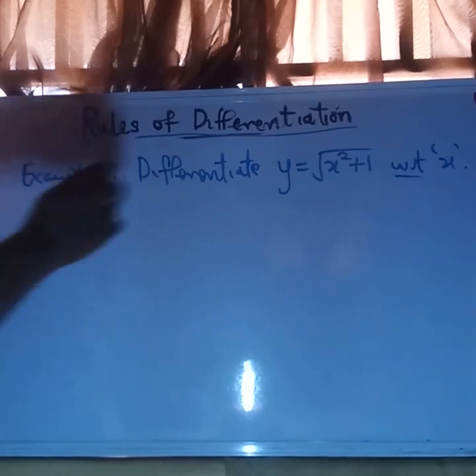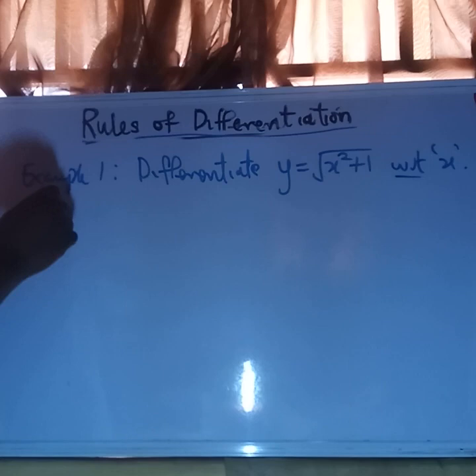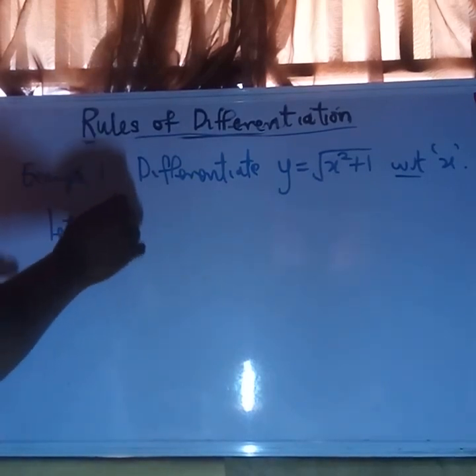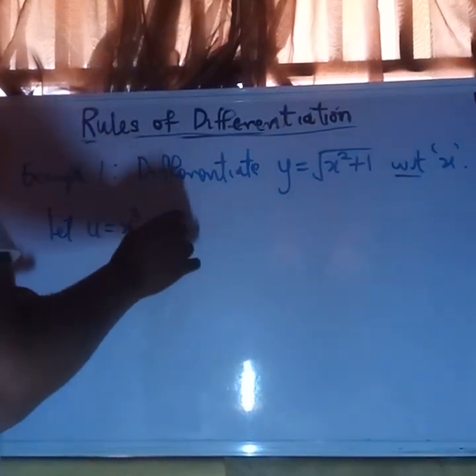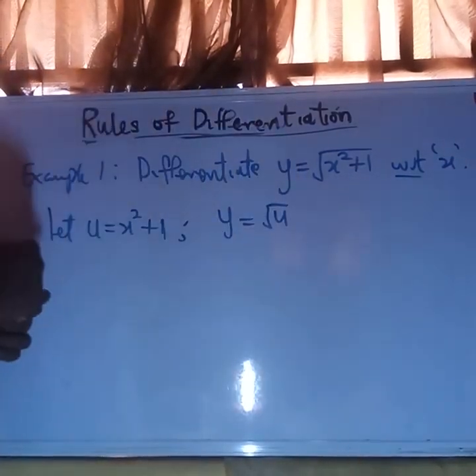As I said earlier, this is the linear function. So let u be the linear function, x squared plus 1, and then y will be equal to the square root of u.